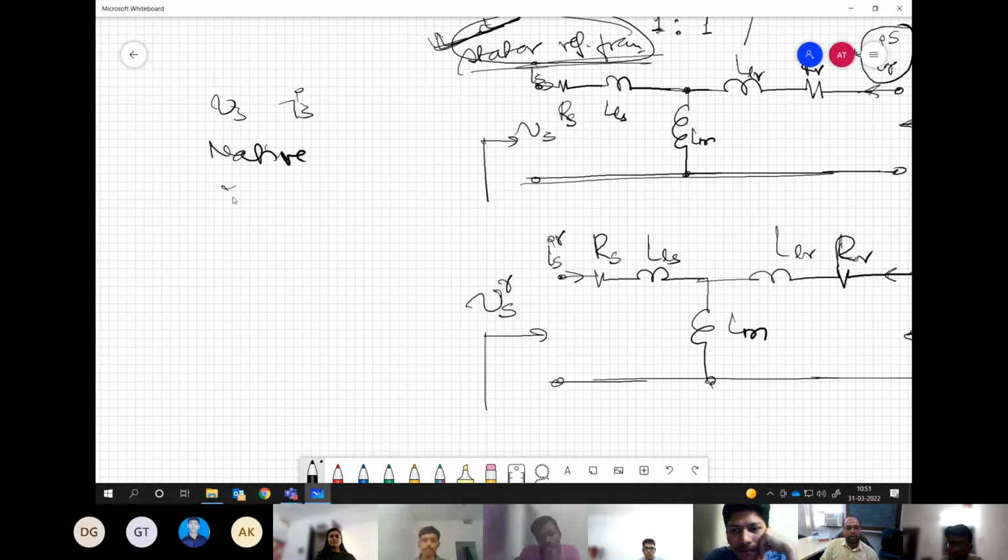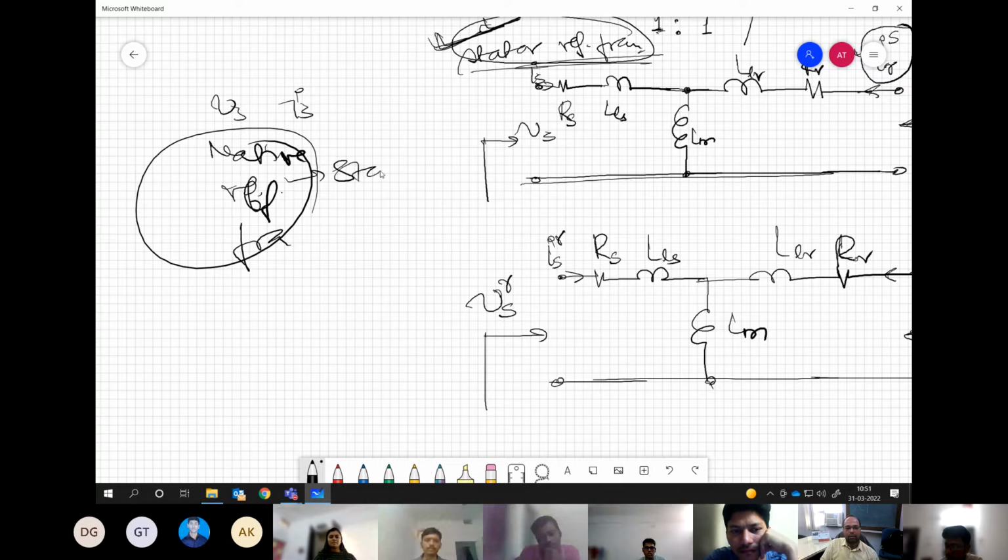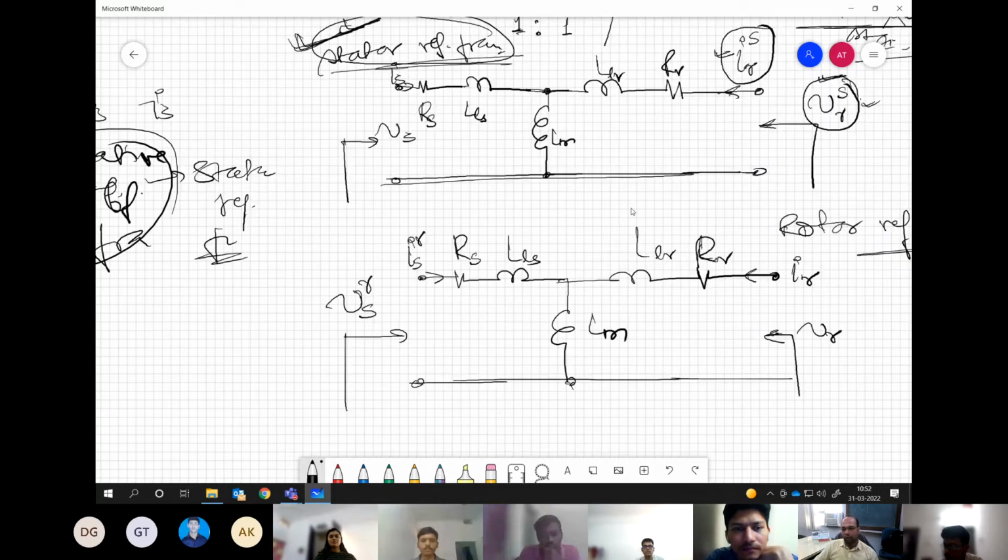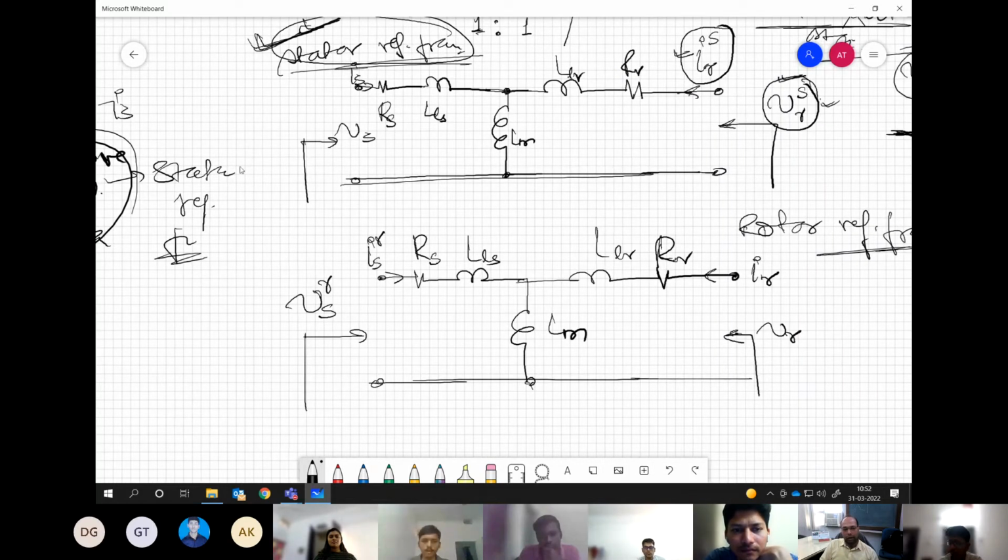Stator reference frame. This point, do you understand? Yes, sir. So see closely. When I am writing the quantity in its native reference frame, I am not using any superscript. It is written simply VS, IS because I am talking about the native reference frame of this quantity, the stator reference frame.